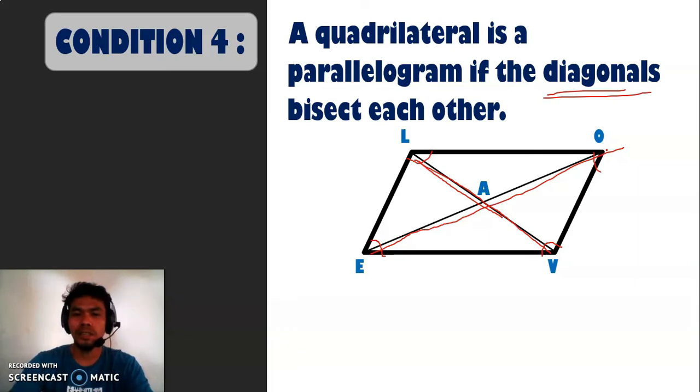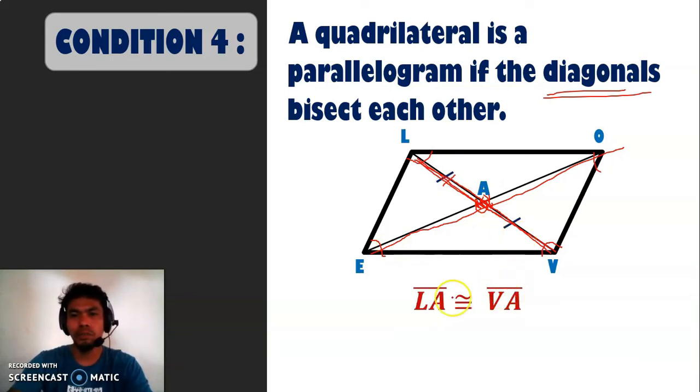Now, these two diagonals here meet and intersect each other at certain points. So, let us call this one point A. Now, in condition number 4, it states that these diagonals bisect each other, and bisect means they divide each other into two congruent parts. In short, we have here segment LA and segment AV or VA are congruent.